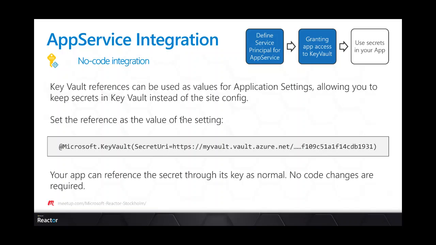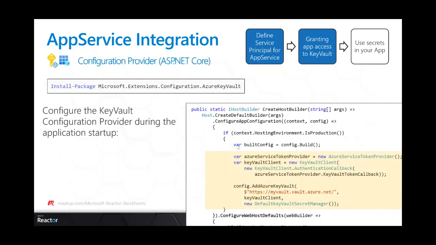Second step, you can use a configuration provider. For example, this is an example in .NET. You can use a configuration provider using this package. And in this way, every time you try to read the configuration as usual, as you can do using a JSON file, the request goes to the Key Vault.